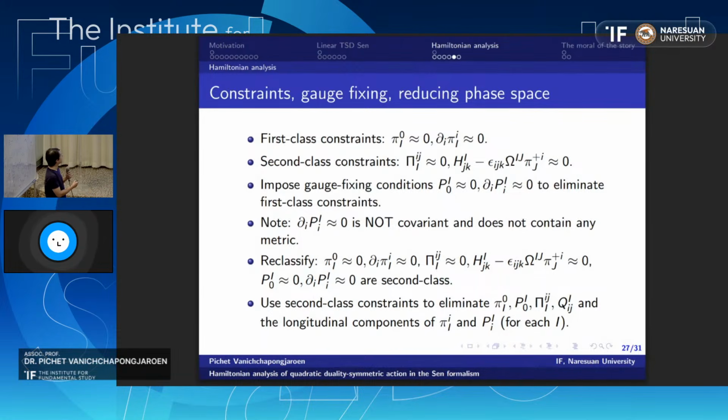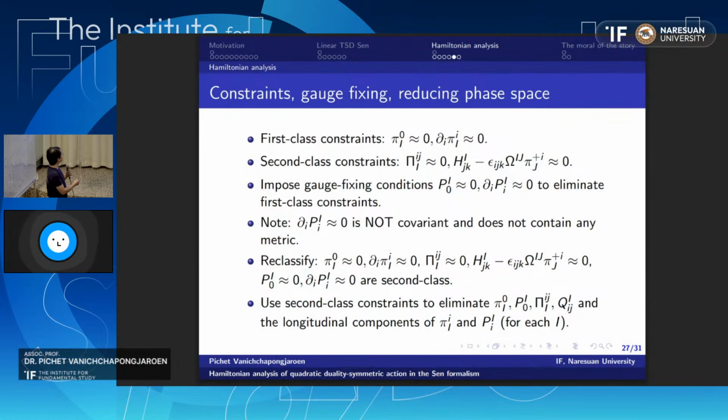The index big I is 1 and 2, and we also have the second class constraints. In order to kill the first class constraints, we impose gauge fixing conditions, which is basically the Coulomb gauge condition on each of the I's.